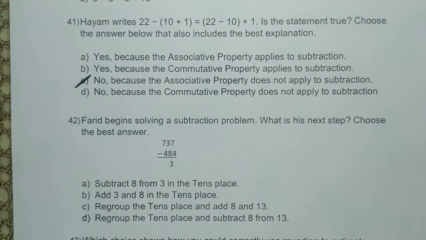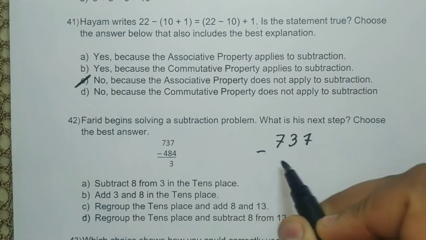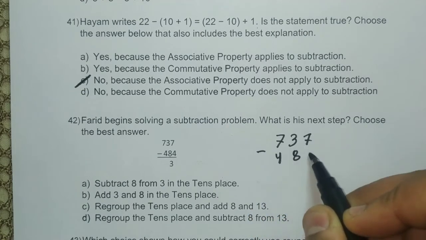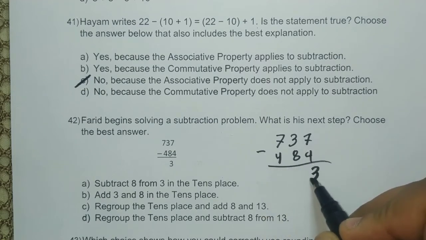Farid begins solving the subtraction problem. What is the next step? Choose the best answer. Farid starts with 737 minus 484. 7 minus 4 equals 3.